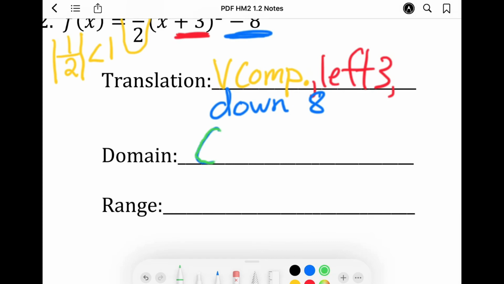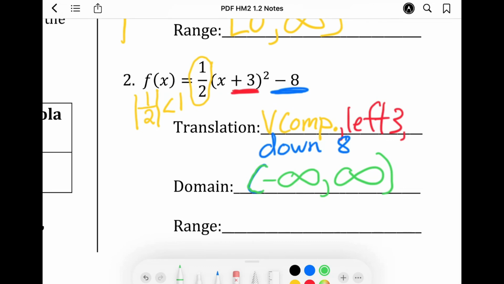So with our domain, we've got the same thing as we're used to. And the range, well, we kind of talked about it in number 1. The stretch and compress is not going to change it. The left versus right is not going to change it because it's not going to change our smallest y value.